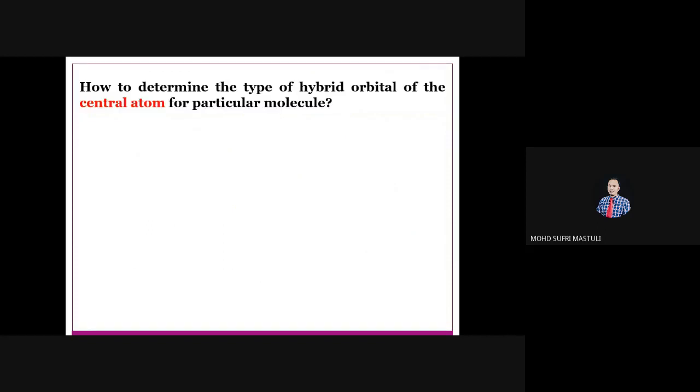How do we determine the type of hybrid orbital of the central atom for a particular molecule? It's very easy. As I mentioned, we have to calculate how many electron domains are around the central atom for whatever molecule.